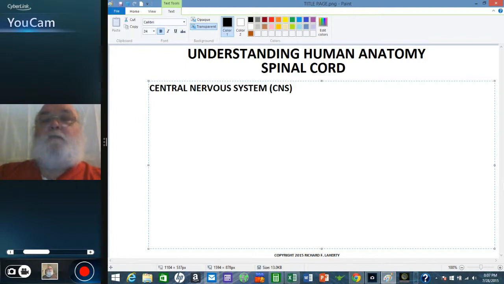The spinal cord begins at the most caudal part of the brain. It begins at the medulla oblongata, and then continues down through the spinal canal and ends by coming to a point at the level of L1 to L2.